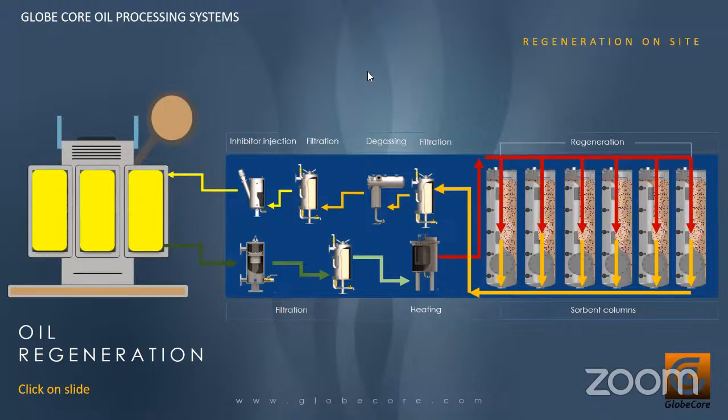So after regeneration, the regenerated oil is returned to the transformer oil tank. The amount of oil that can be processed depends on the quality of the incoming oil. It is also important to control the oil circulation rate, as one of the main variables in dielectric oil regeneration is the retention time of the oil in the columns.